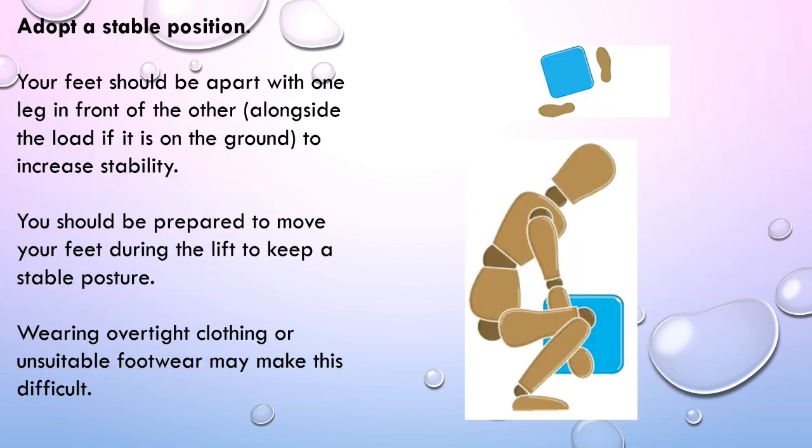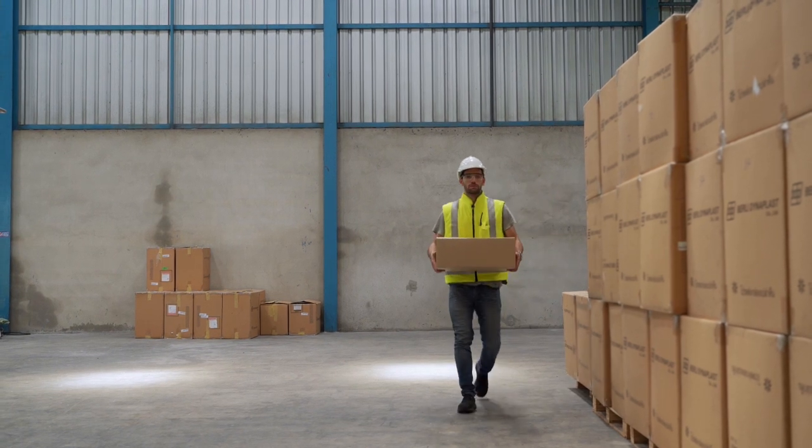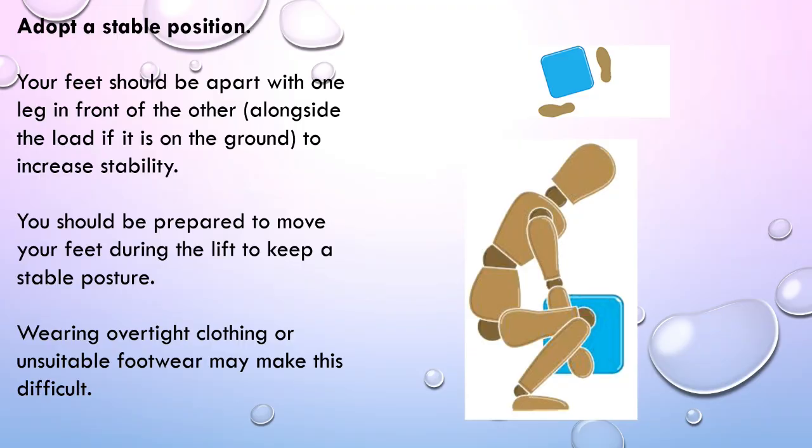Adopt a stable position. Now your feet should be apart with one leg in front of the other, alongside the load if it is on the ground, to increase stability. You should be prepared to move your feet during the lift to keep a stable posture.